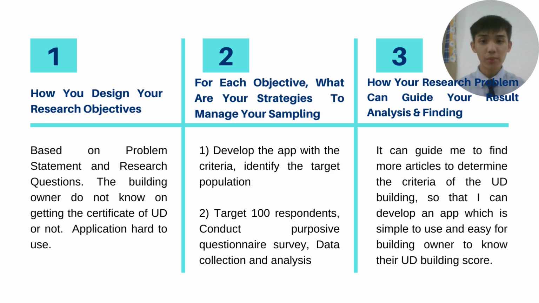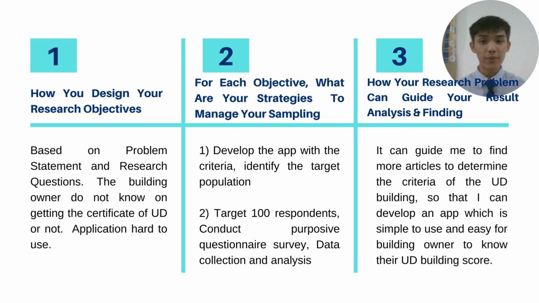For the second question, for each objective, what are your strategies to manage your sampling? For the first objective, I will develop the app with the criteria that I select from the articles and also the guidelines. The next step is to identify the target population, which is the client and also construction company.